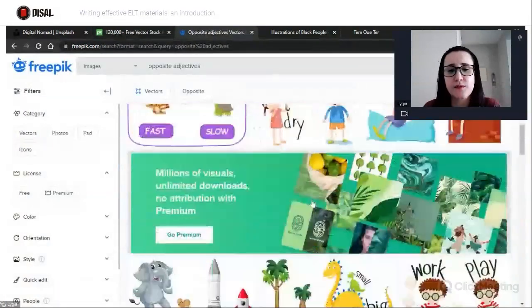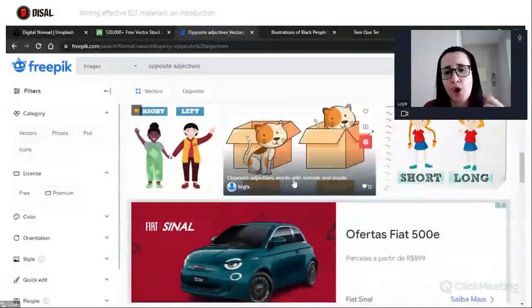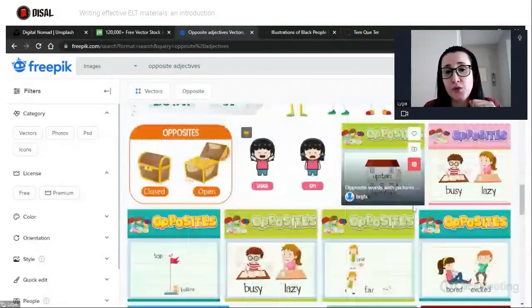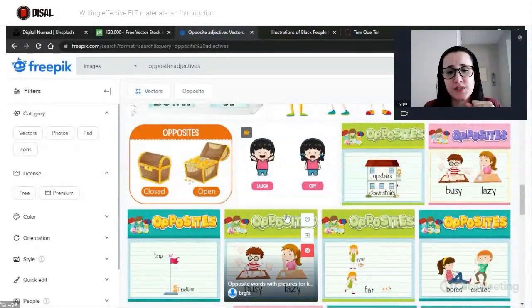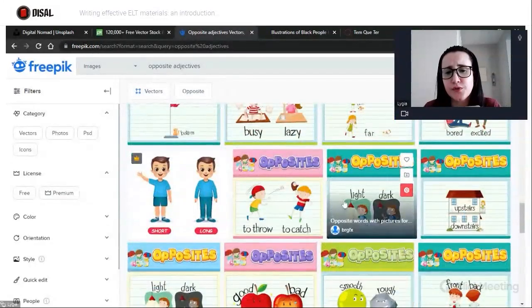Of course, there are some pictures, some vectors which aren't free, but a lot of options are free of charge. So I've used these images here more than once, and they can be quite useful if you're teaching science or geography, math to your students in English.